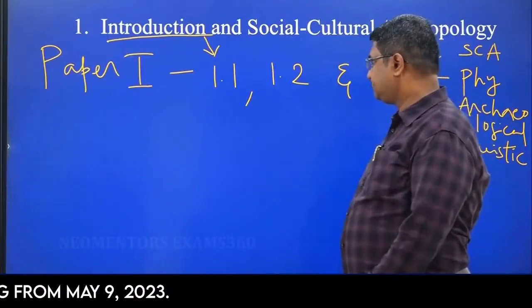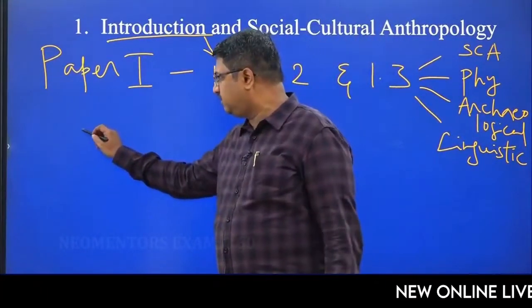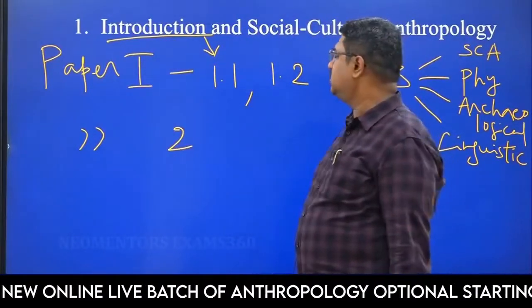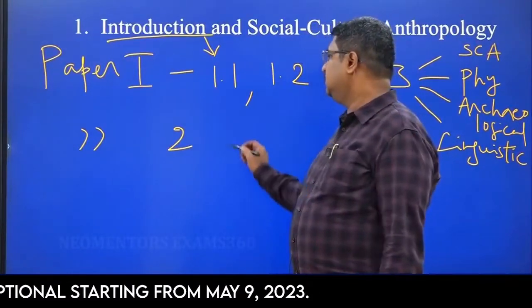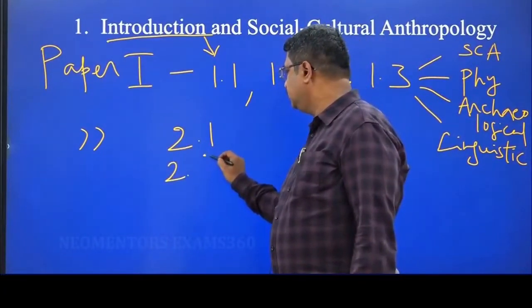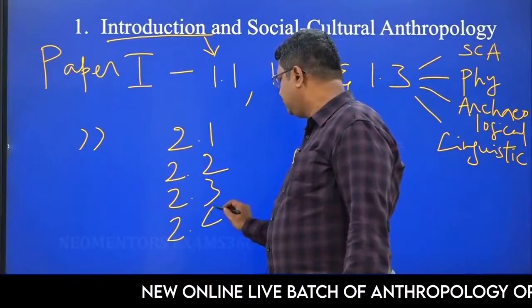Okay, after this we will go to chapter 2 in paper 1 itself. Chapter 2 has several sub points in it, in the sense chapter 2 has 2.1, then 2.2, 2.3, 2.4 and 2.5.